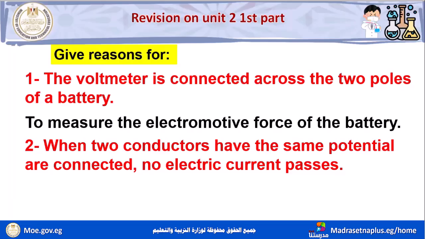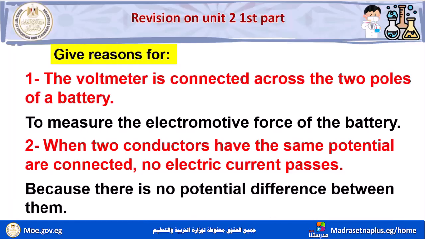The potential difference here equals 0 because there is no potential difference between them. They have the same potential and are connected together, so no electric current passes.